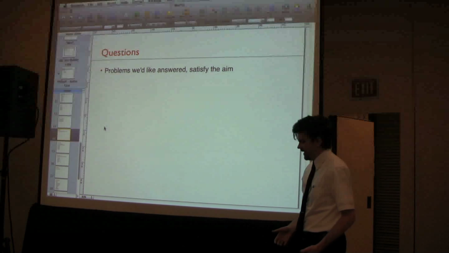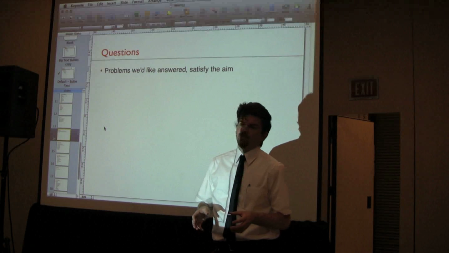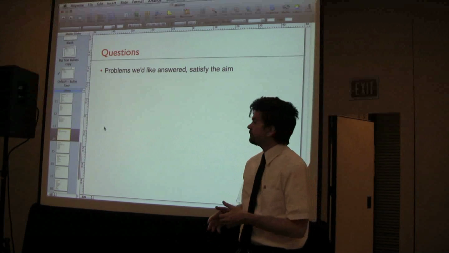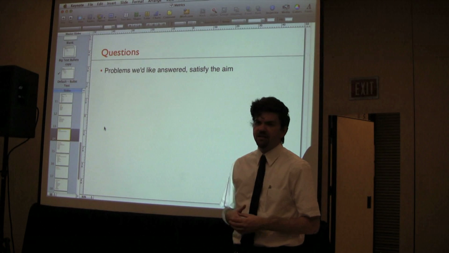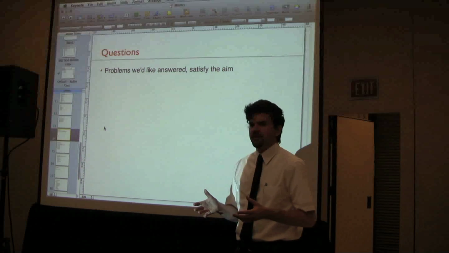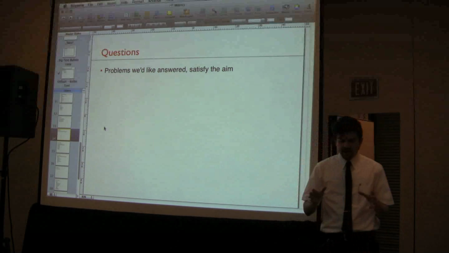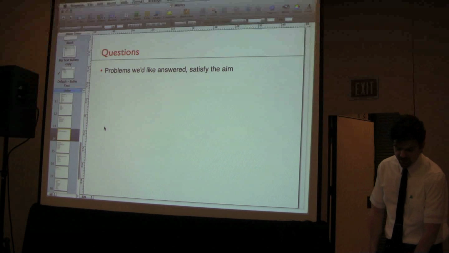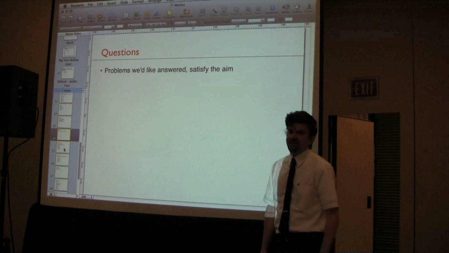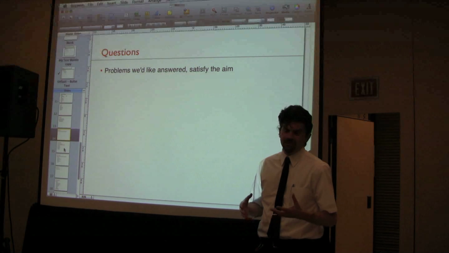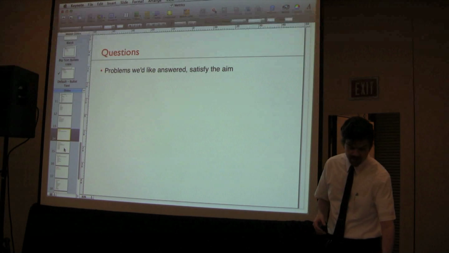The questions that we care about, which we will build metrics from, we've already discussed various examples today, like understanding my disk bottleneck, understanding high latency, and these questions are there to satisfy the aim. So we're not gathering metrics just for the act of gathering metrics. Ultimately, this is to answer questions.